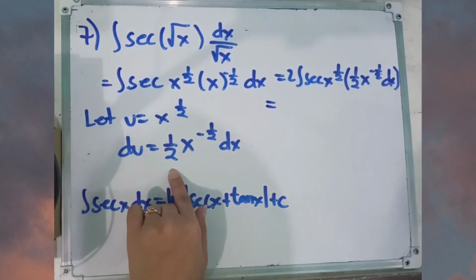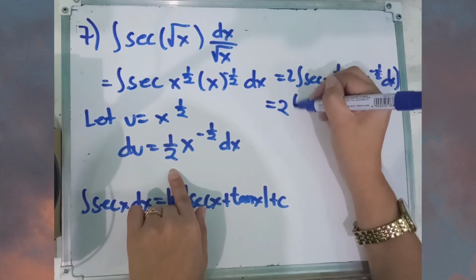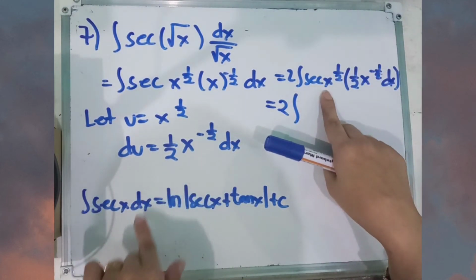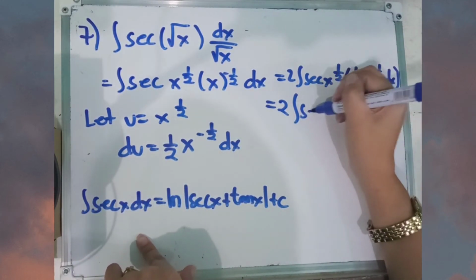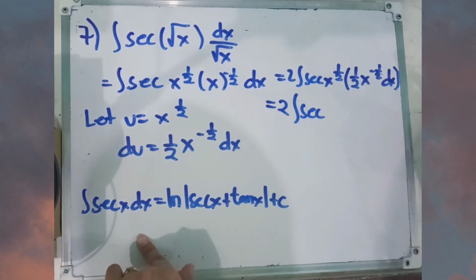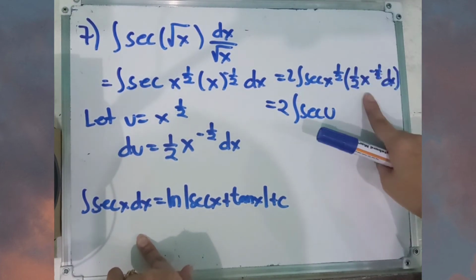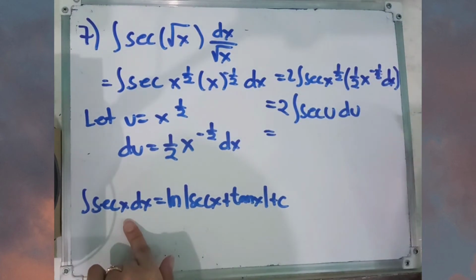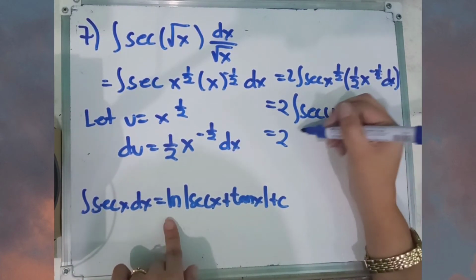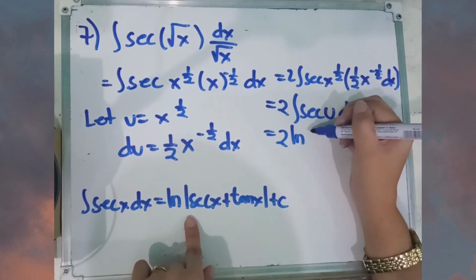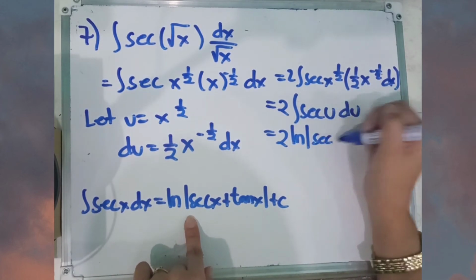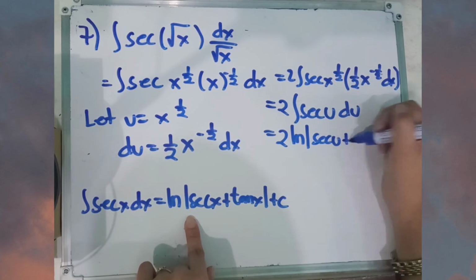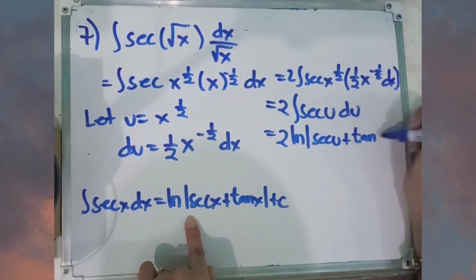That's equal to 2 times the integral of secant x to the power of 1/2, that's u, and this one is du. So applying the rule, that's 2 times the natural logarithm of the absolute value of secant u plus tangent u plus c.